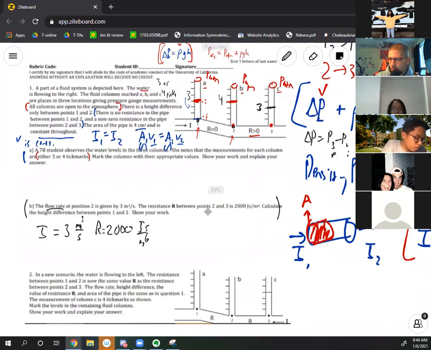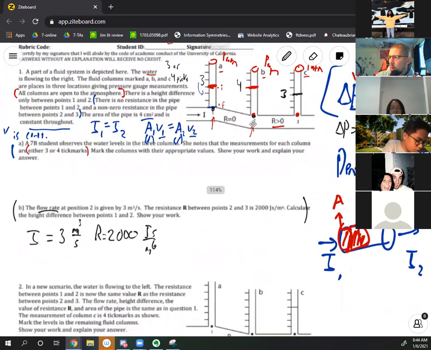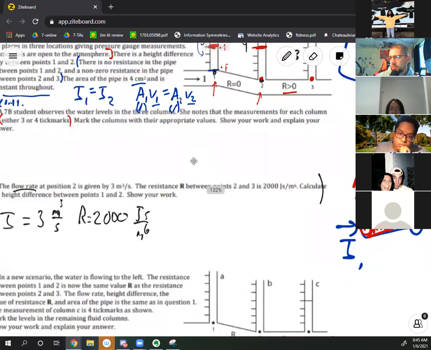Okay, so good stuff. What we want to do now is figure out the height difference by figuring out the pressure difference between points 1 and 2. So let's try to do that.